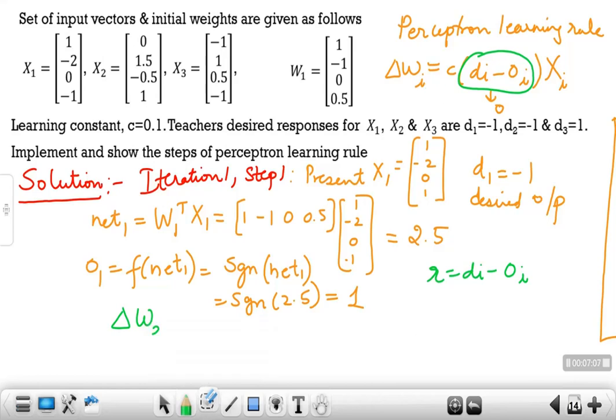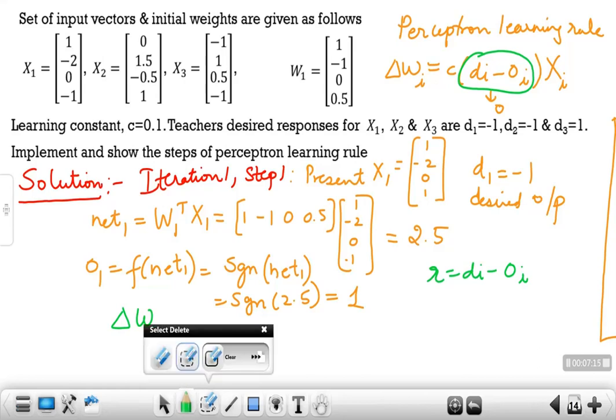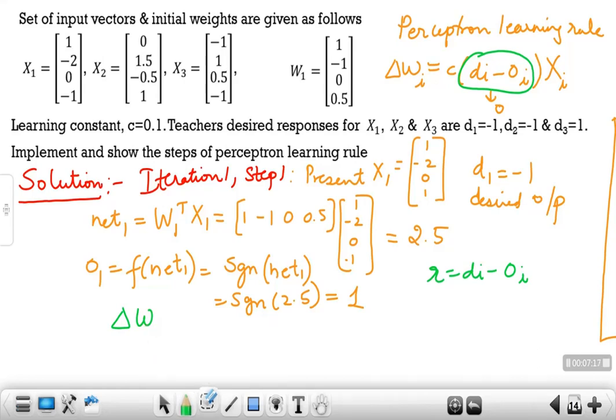So we have delta W1. Sorry, I made a mistake here. It is Wi only, because this is delta Wi. It is not Wi plus 1, because what you get next will be i plus 1.